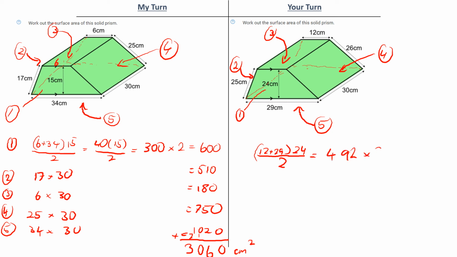Now we're going to double that since we've got two identical trapeziums, so we're doubling that to get 984. Okay, that's face 1 done.